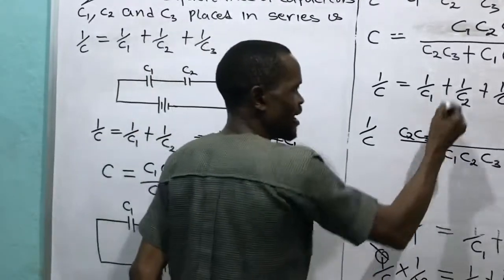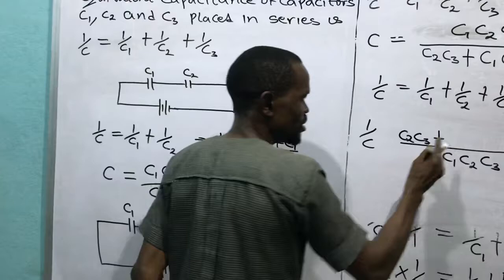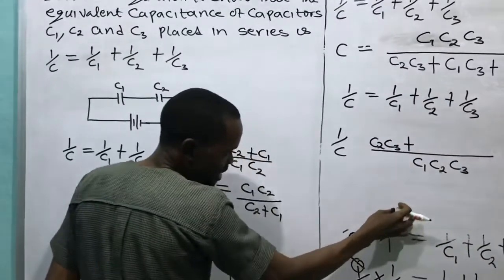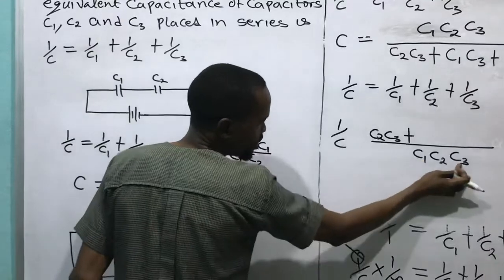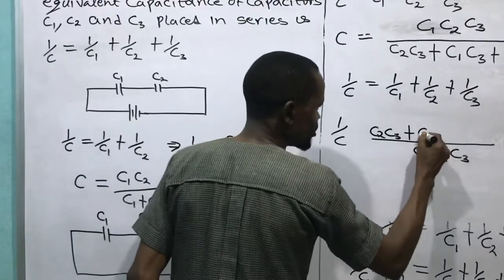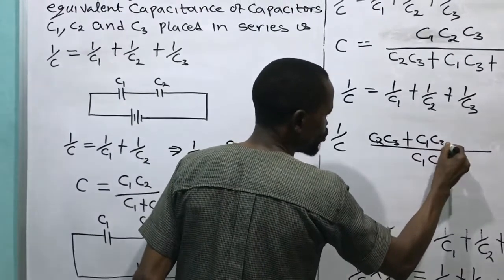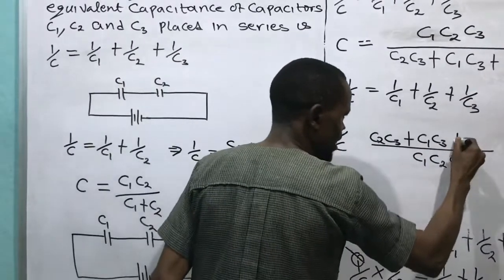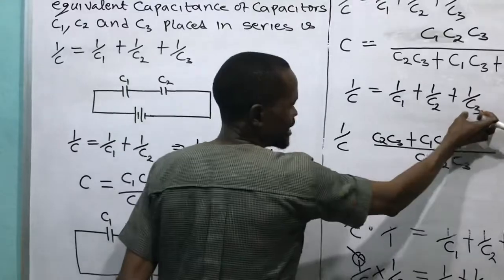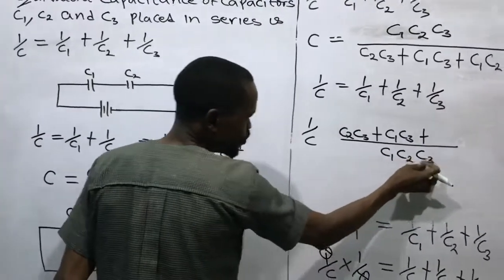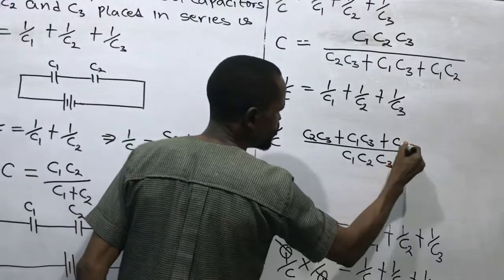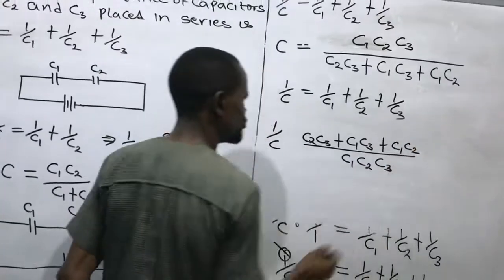Then again, I'll bring down the plus. This one goes in, it will destroy itself, leaving me with C1, C3. Then I drop my plus down. This one going in here will destroy itself, leaving me with C1, C2.